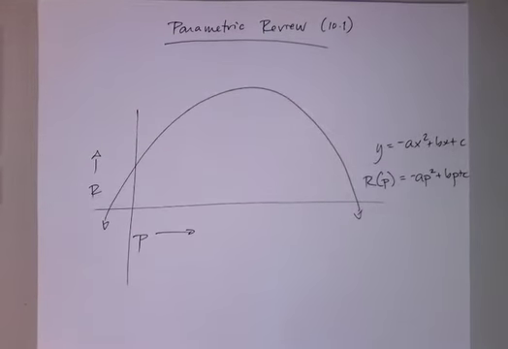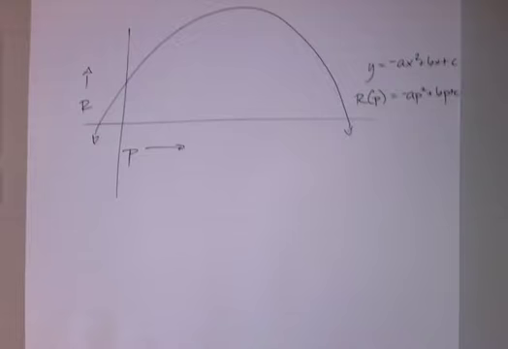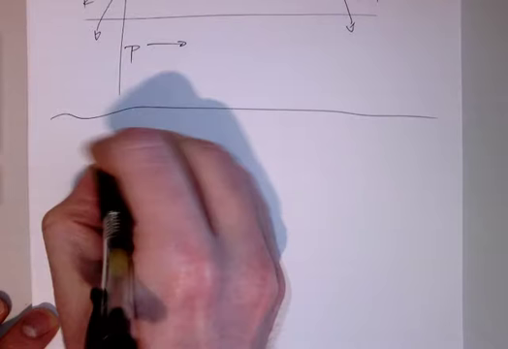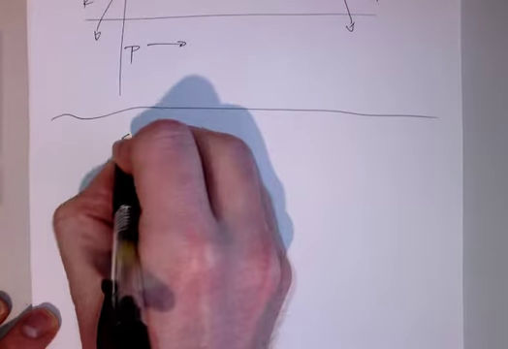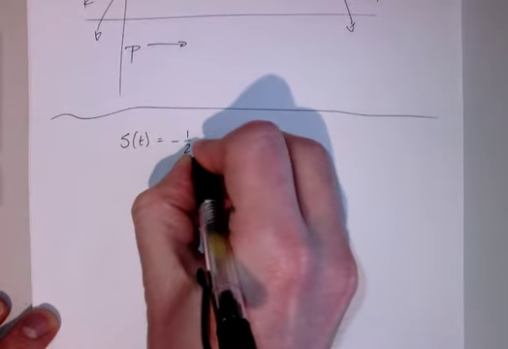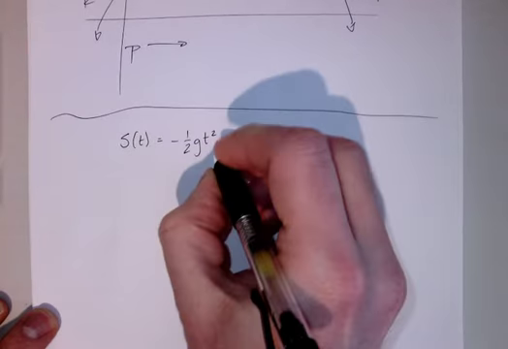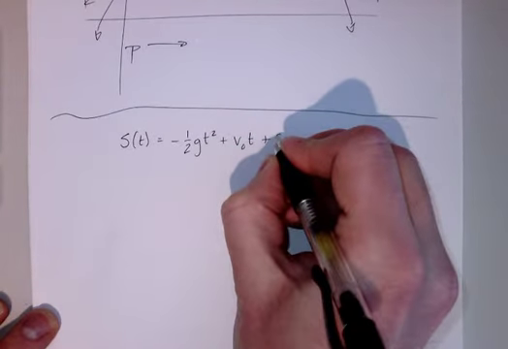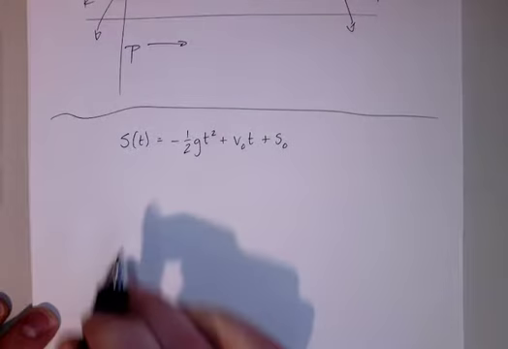We got a little bit closer to parametrics when we started applying quadratics to gravity. And so you had something more akin to the position of something had to do with negative 1/2 g t squared plus v naught t plus s naught, or it was either s or h.